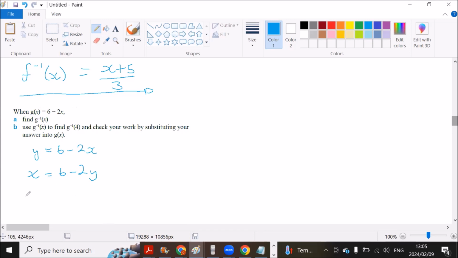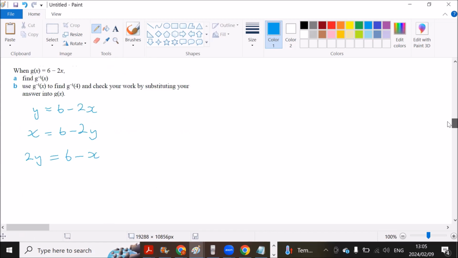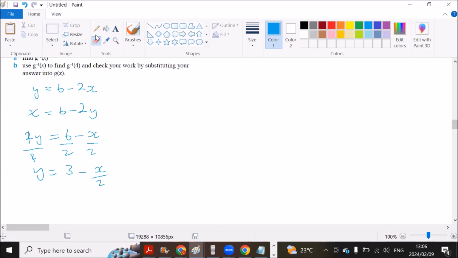So we have 2y, and take this x that side, becomes negative, 6 minus x. Then we divide both sides by 2, which means we are dividing each term by 2. Y is equal to 6 over 2 is 3 minus x over 2. So that is our inverse.